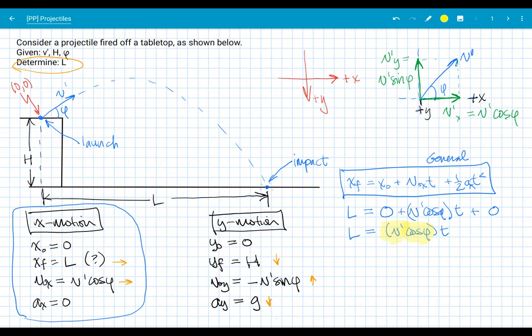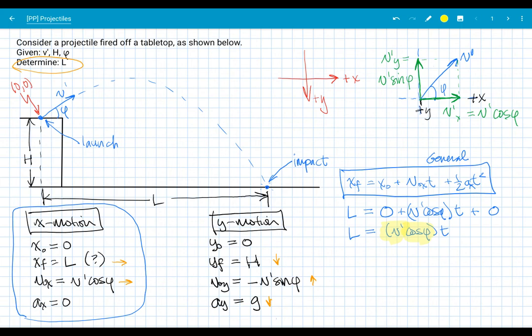So now is when it can be useful to look at the Y motion, because the one thing that your horizontal and vertical motions have in common is their time, right? They don't affect each other in any way, the X and Y, but they are both taking place at the same time. So we can take advantage of this. We can leverage what we know about the vertical in this problem in order to express the time.